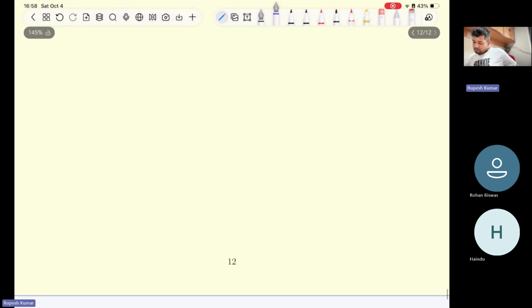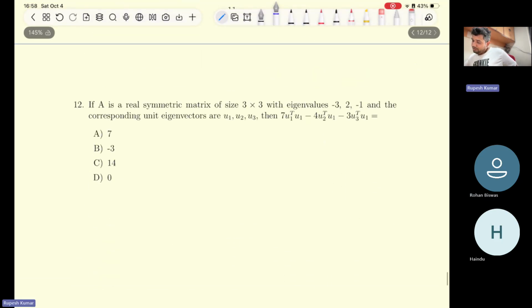Last question. If A is a real symmetric matrix of this size with these eigenvalues and the corresponding eigenvectors are these, then what is this value? It is a real symmetric matrix, so just pay attention. And these are corresponding unit eigenvectors, so they must be orthogonal.